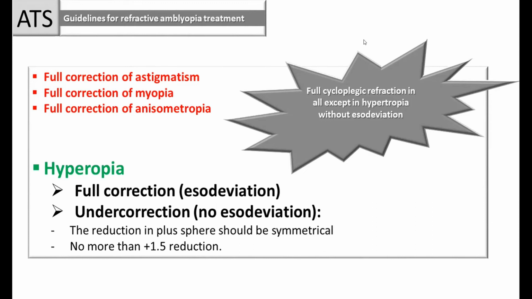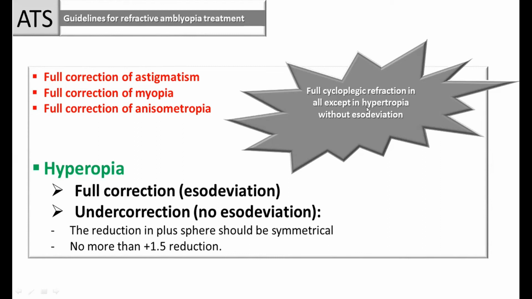So as you see here, we will give the child full cycloplegic refraction regardless of the refractive error. The only exception is if we have hyperopia without esodeviation. You have to make some reduction. So we have a mistake here in this statement. Can you point it out? Dr. Maisa pointed out the correct answer, because here I wrote hypertropia. Hypertropia is a vertical squint.